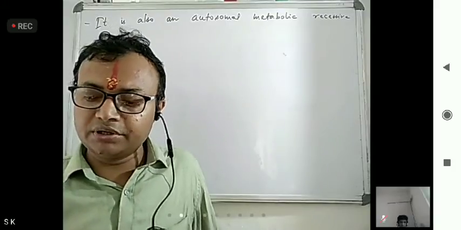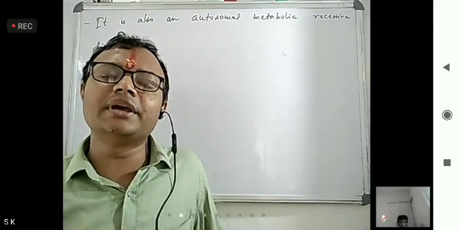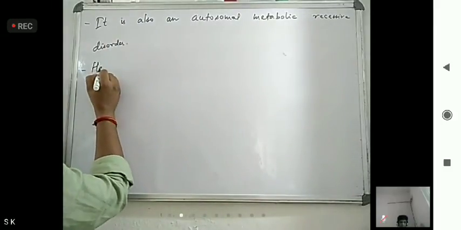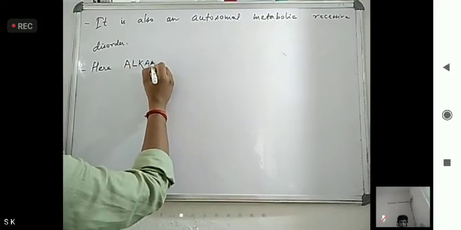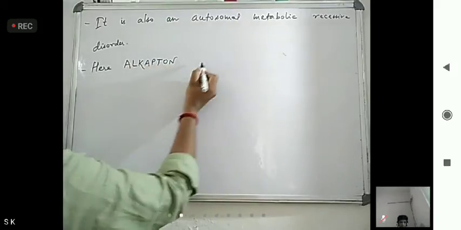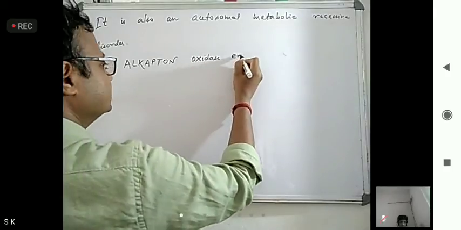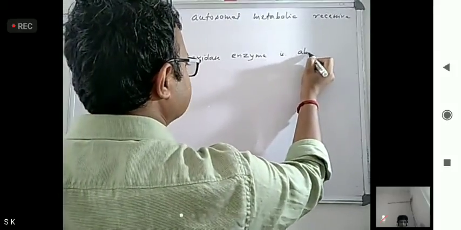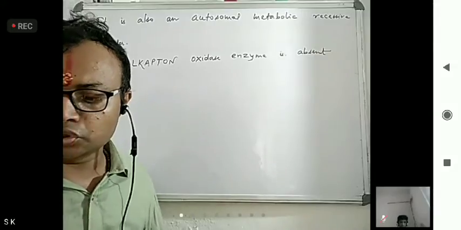Now here, the alkaptone oxidase enzyme is deficient. So here the alkaptone oxidase enzyme is absent or deficient.